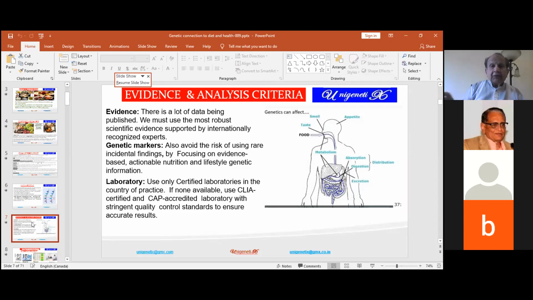Don't go for rare findings; focus on evidence-based, actionable nutrition and lifestyle changes. And use only certified labs in your country. It is very important because genetic testing is a very huge money-making market. Therefore, use proper labs.